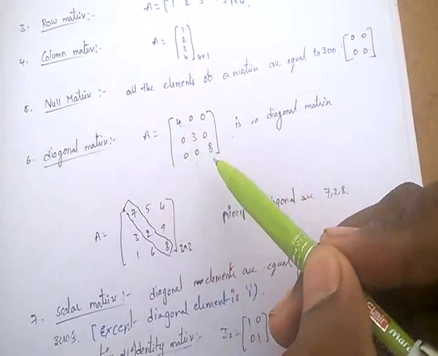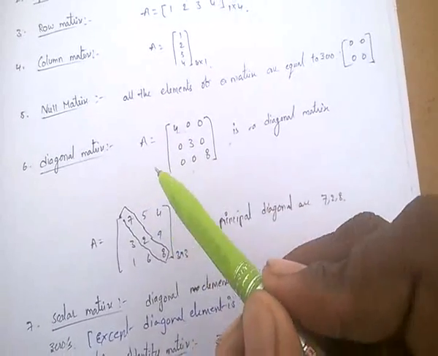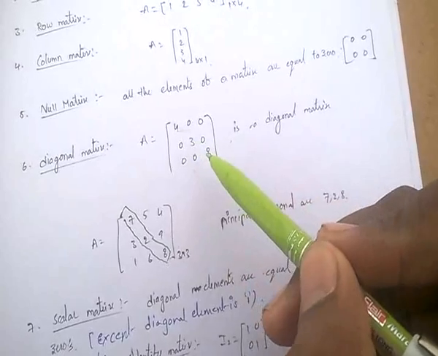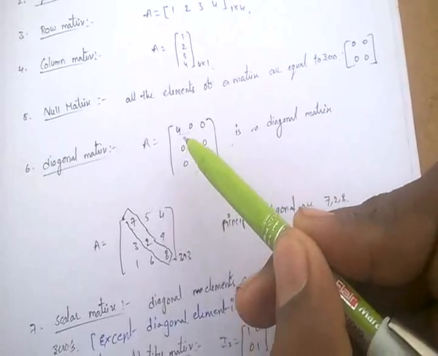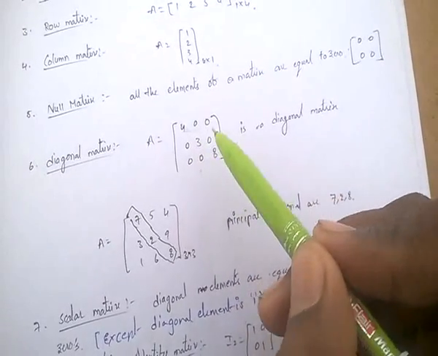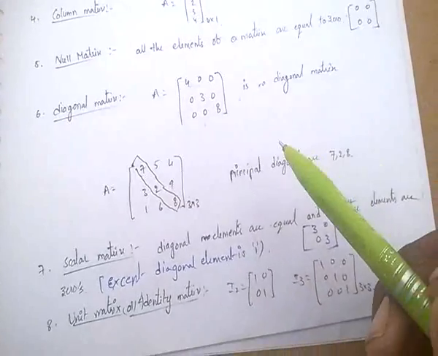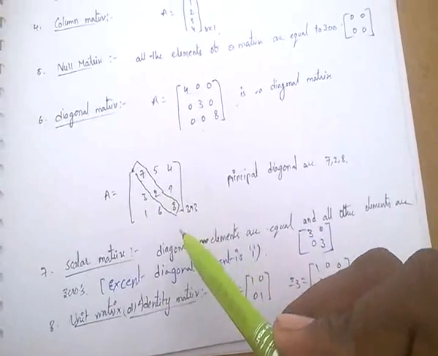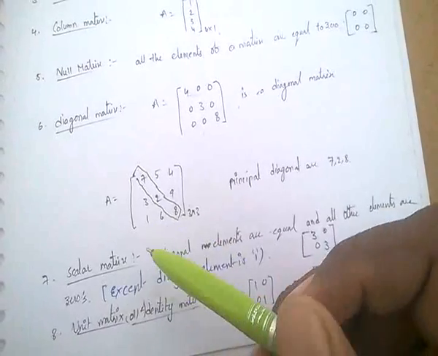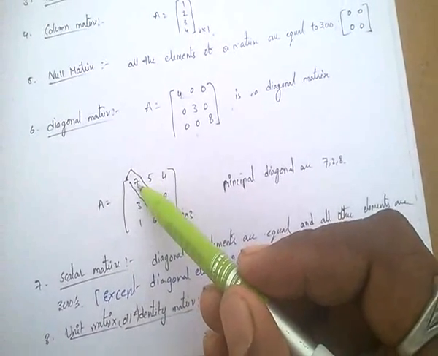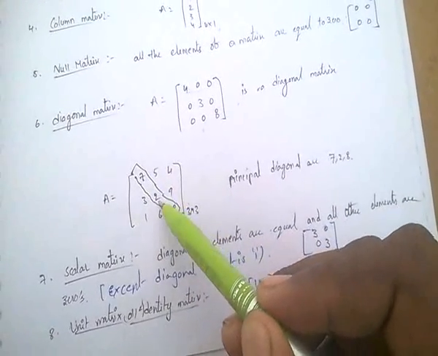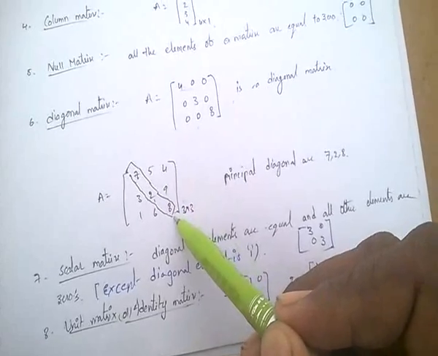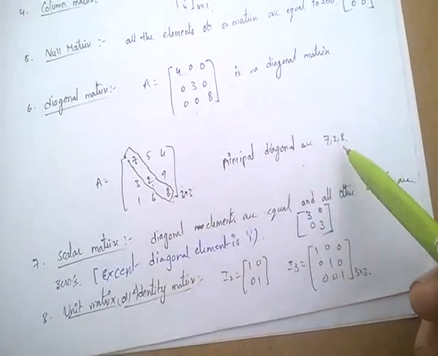For a diagonal matrix, except the diagonal elements, all remaining elements are 0, then it is called a diagonal matrix. For example, A equal to some matrix. The principal diagonal elements are 7 and 8.